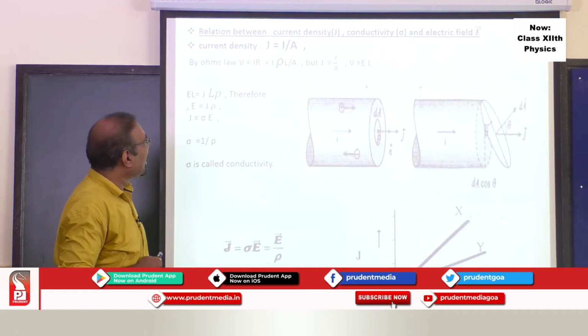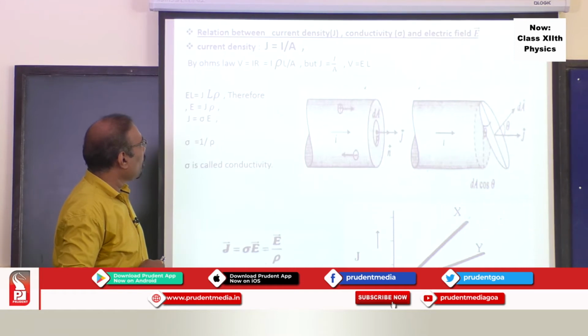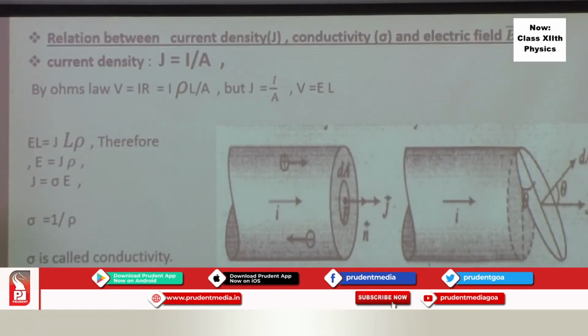Now current density J is I upon A. If I put V equal to IR, where I is the current and R is ρL by A, ρ is the resistivity which we already studied before.